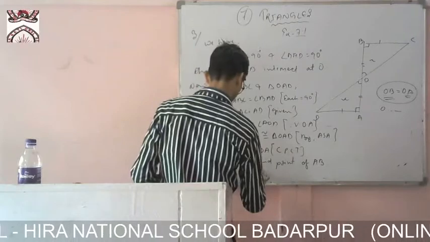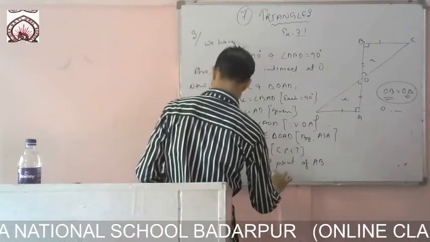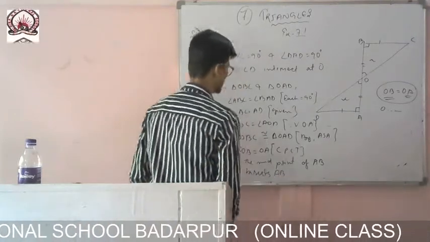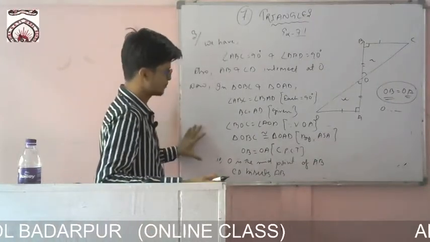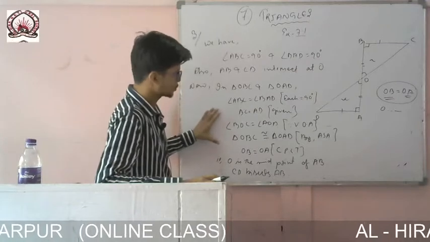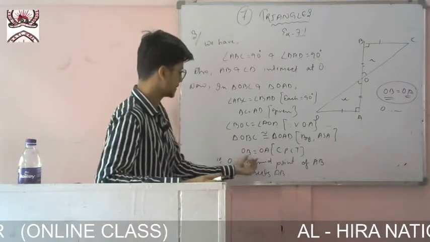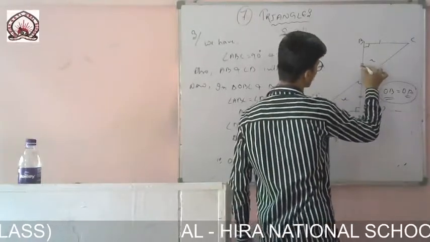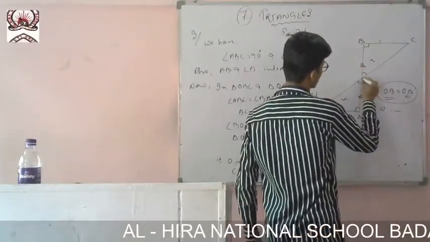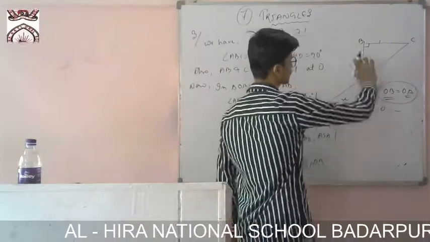Therefore CD bisects AB. You see here what I have proved. First of all, I have shown these two triangles are congruent. I have shown that OA equals OB. If these two parts are equal, that means this is the midpoint of the line.